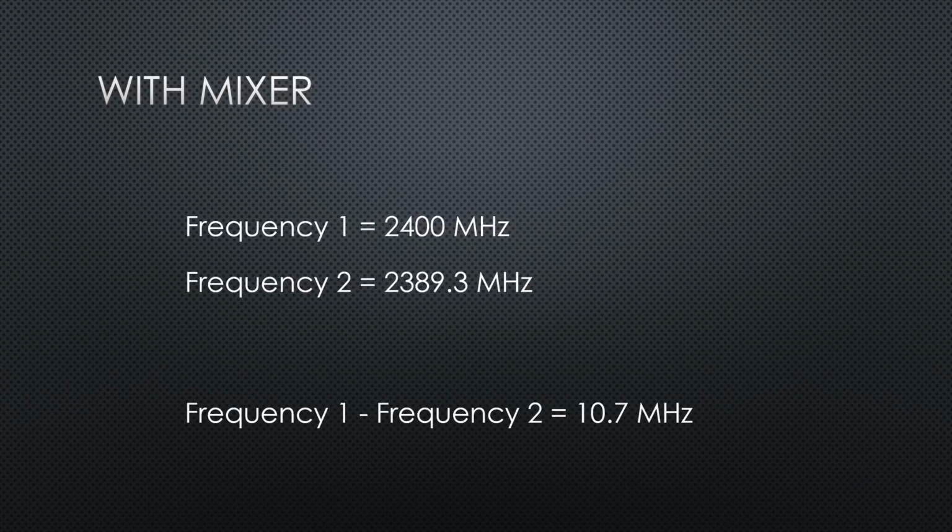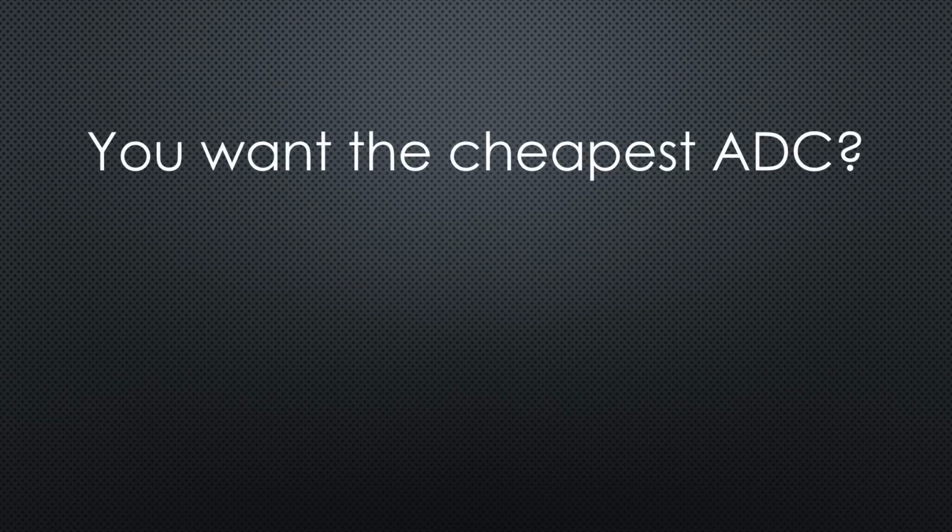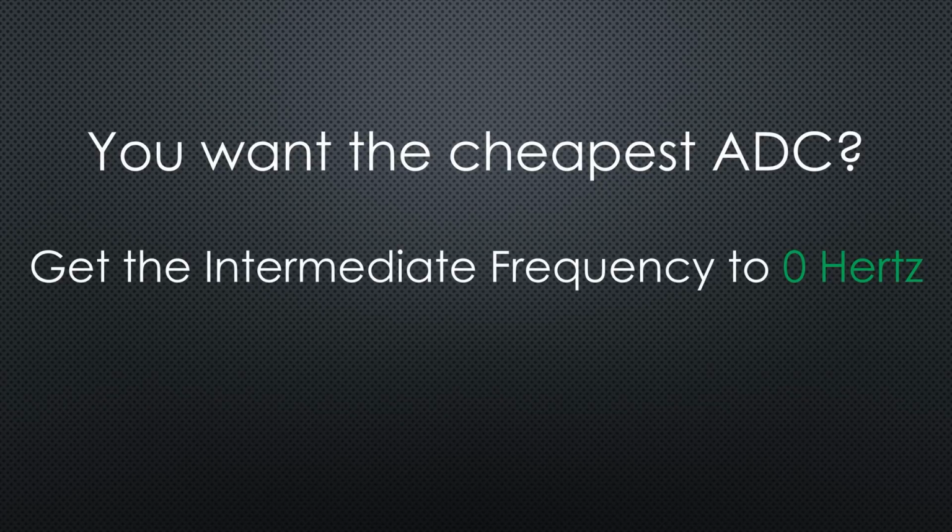But still, to digitize our 150 kHz FM signal, we need an 11 MHz ADC. Not very efficient. We have to go further. What do we have to do to get the cheapest available ADC? We have to get the intermediate frequency to 0.